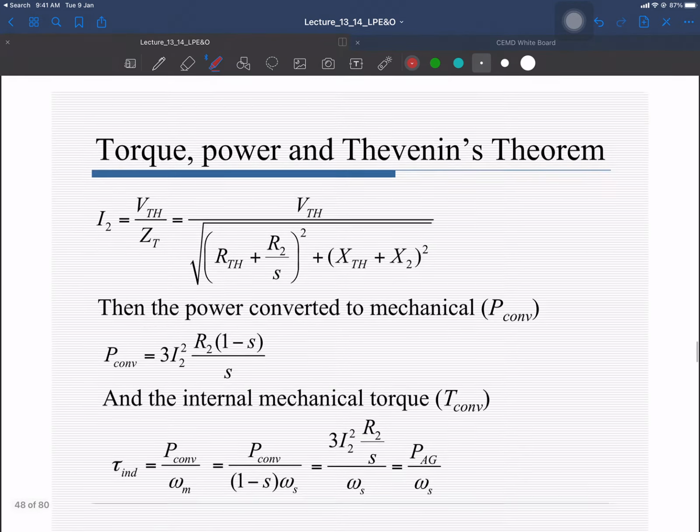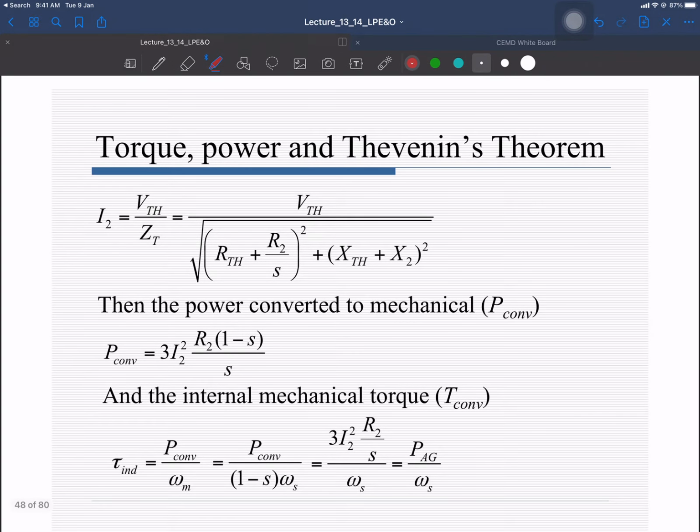So, I2 is given by this expression. Here you can see the V Thevenin divided by the total impedance, and the total impedance is R Thevenin plus R2 by S, right, plus jx Thevenin plus jx2.